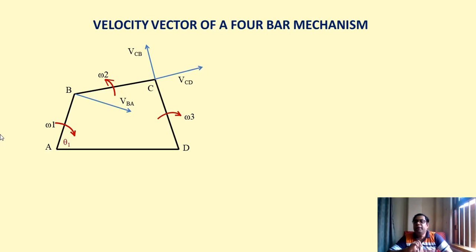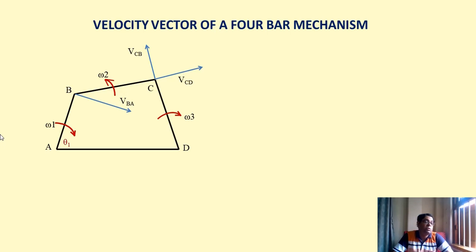Now remember that when that happens, the next link, which is called the connecting rod and indicated by capital B, capital C over here, has a tendency of rotation in just the reverse direction.